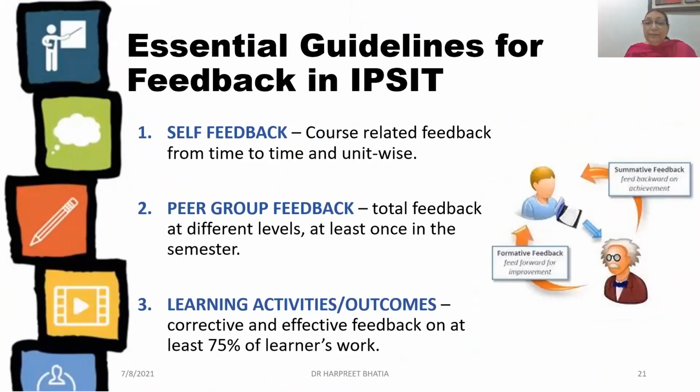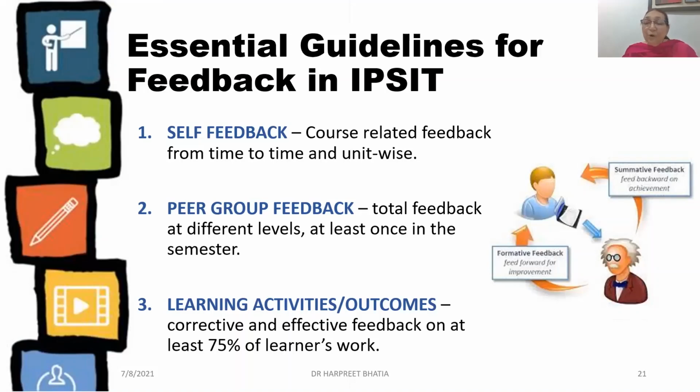The different aspects that are considered important as far as the IPSIT model is concerned is the self-feedback, that is the feedback that the pupil takes from time to time regarding his own performance, his goals, and his movement towards that goal. This self-feedback gets reinforced by the peer group feedback, that is the other students who are along with one specific student.